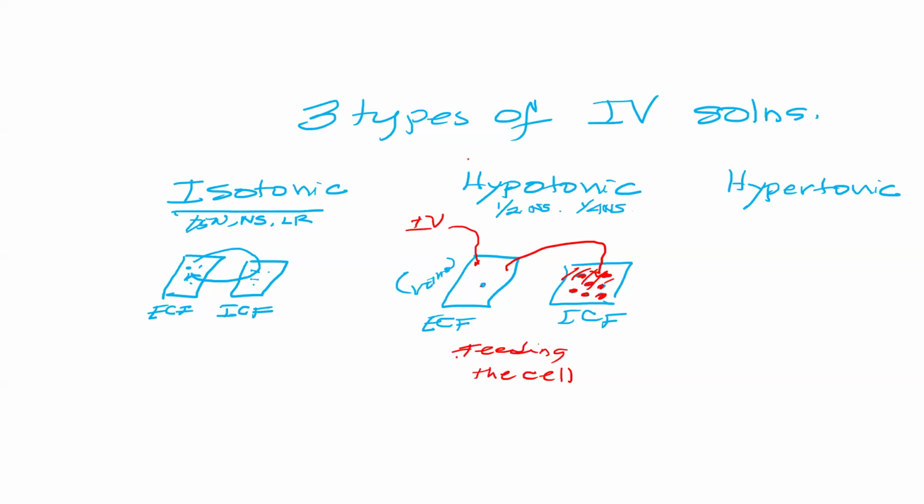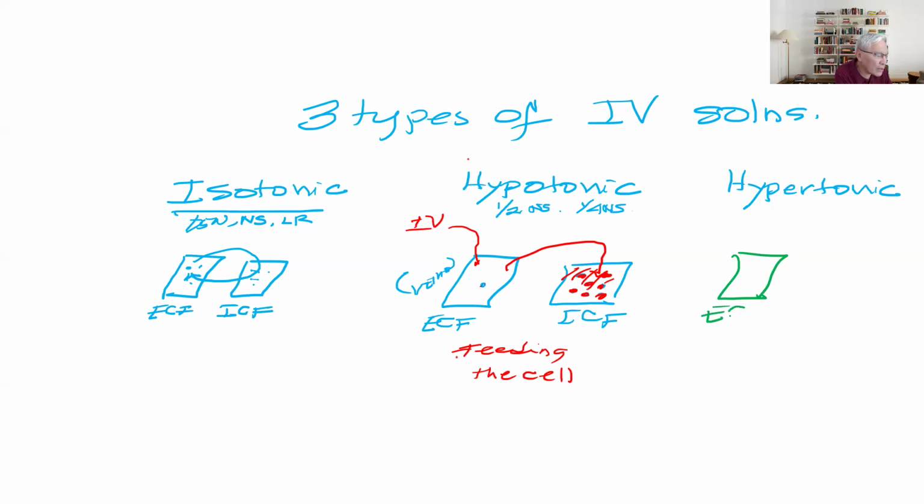Yes. Okay. All right. Now, let's say that again, this is your extracellular fluid compartment, and this is your intracellular fluid compartment. And we're now going to give an IV, and the IV has more particles than the particles in the intracellular fluid compartment.